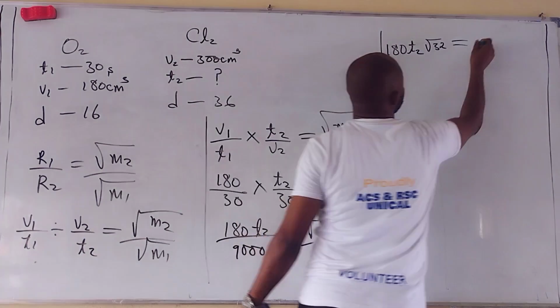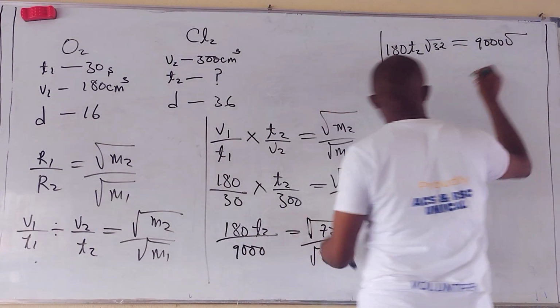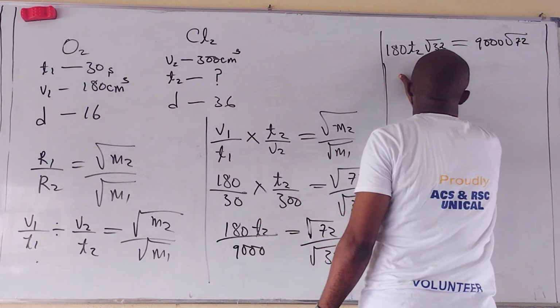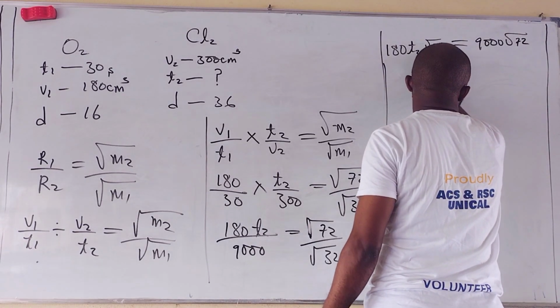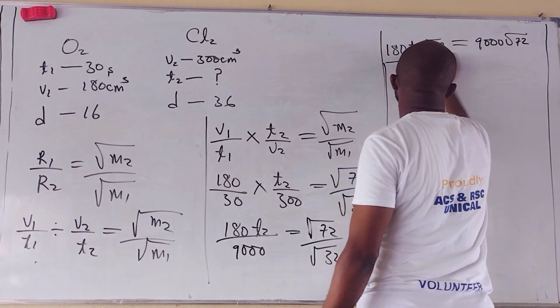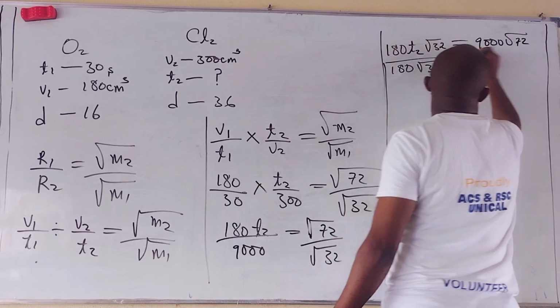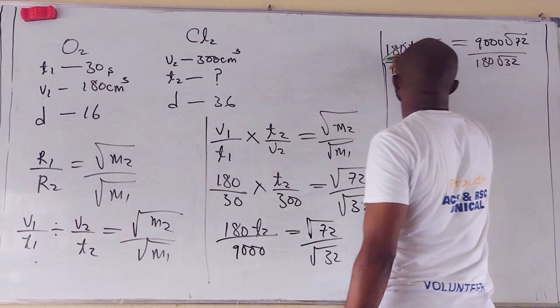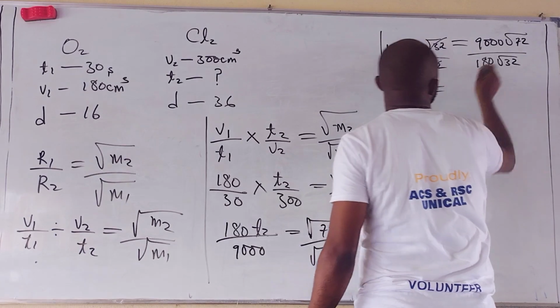I am dividing both sides by 180 root 32. So I'm left with my T2, which is equal to this.